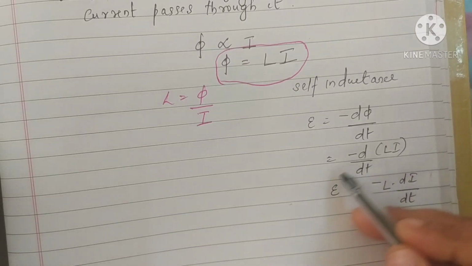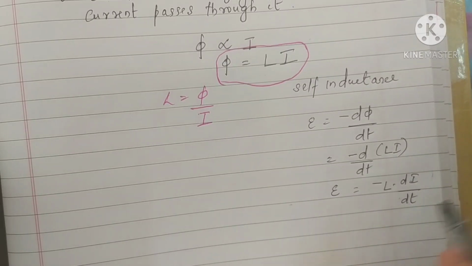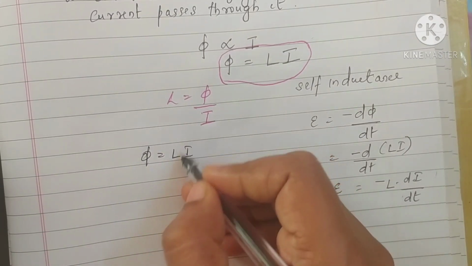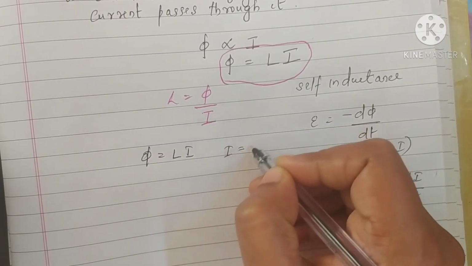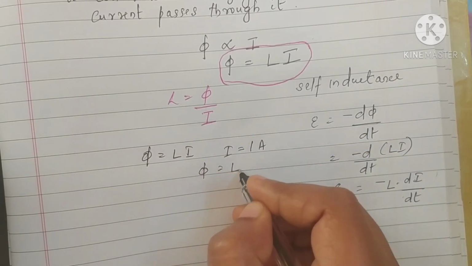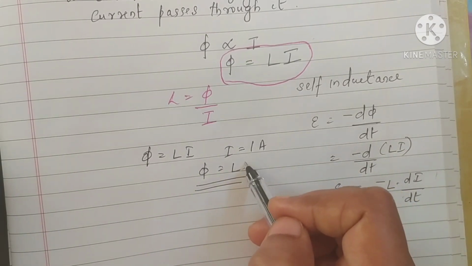Now in the equation phi equals L into I, if I is taken as 1 ampere, you will get phi equals L. So how can you define this self-inductance?